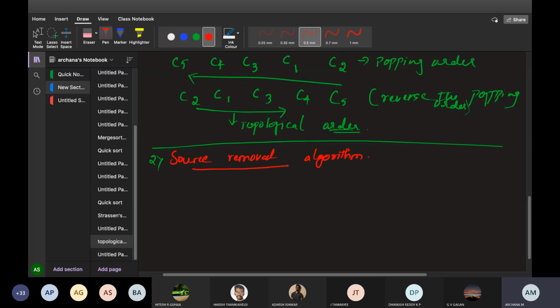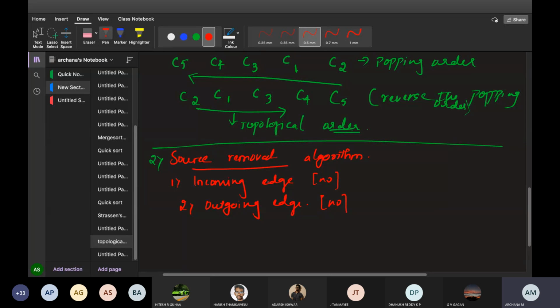Very, very important thing in the source removal algorithm: we have to see the incoming edges and outgoing edges. This is very, very important here. We have to see how many incoming, that is numbers, always this will be a number. How many incoming edges are there? How many outgoing edges are there? We have to see the first one.